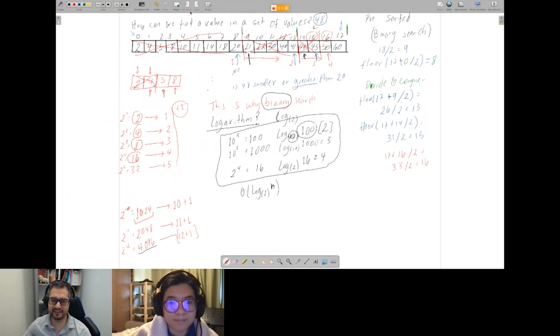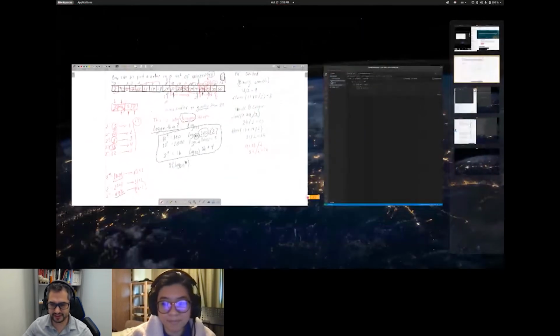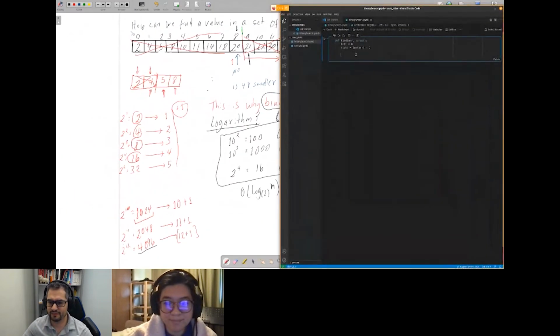The same thing will happen if it will be before, but I will move my right pointer to the one before me. And that way I basically eliminate half of the array. So I'm going to do the same in my algorithm.